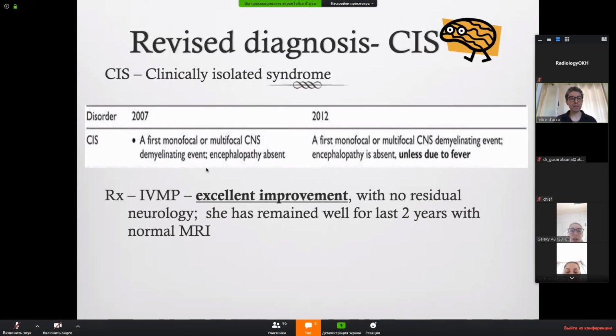And this is the definition of first monofocal or multifocal CNS demyelinating event without encephalopathy, that was then revised to encephalopathy absent unless due to fever. So basically, you have just one single event that resolves after a while.